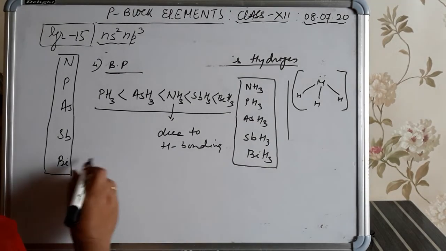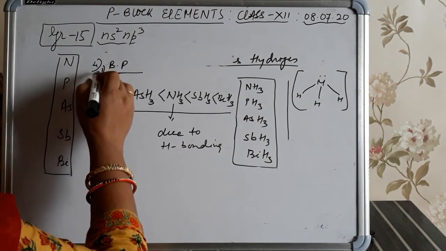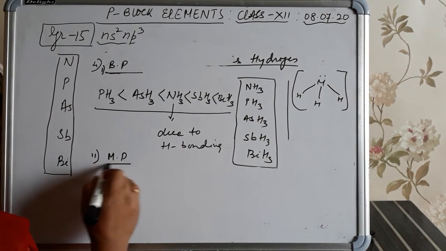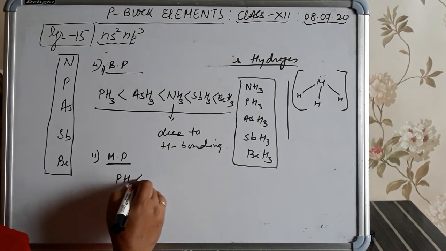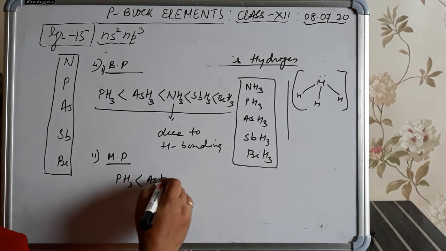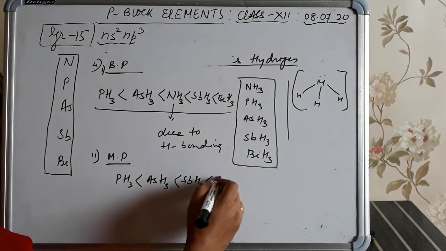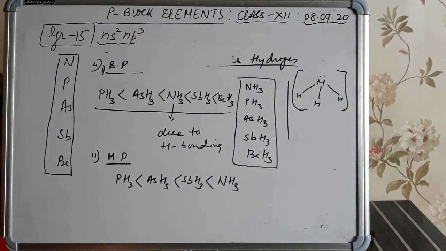So students, let's discuss the melting point. Melting points of hydrides: phosphorus hydride, then arsenic hydride, then antimony hydride, and maximum melting point for nitrogen hydride because of H bonding.